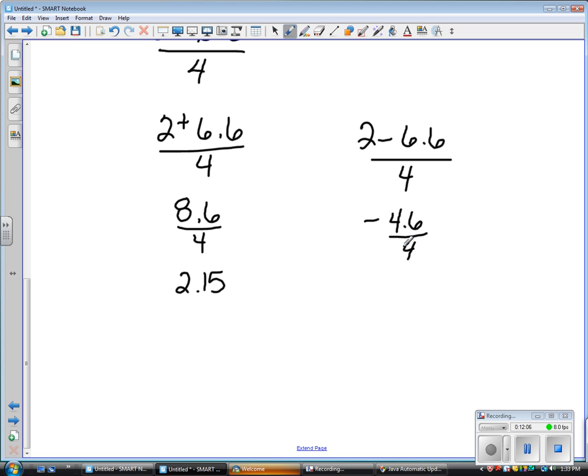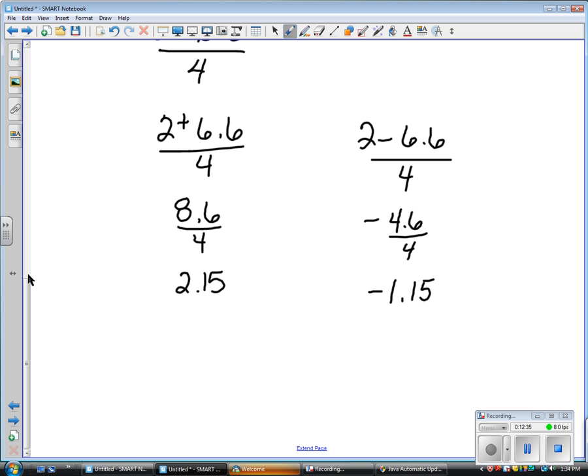And if I divide negative 4.6 by 4, I get negative 1.15. And they may ask you to round that to the 10th place or the 100th place, but that's your solution.